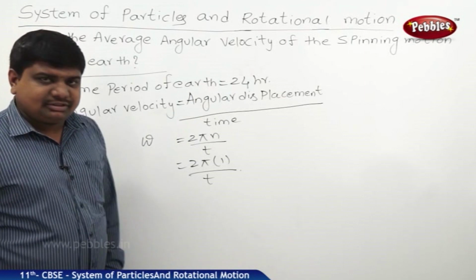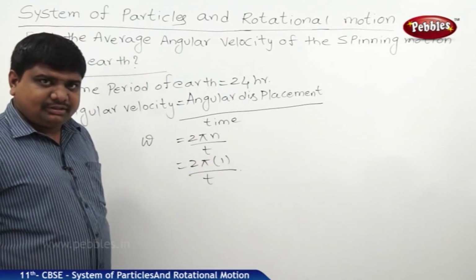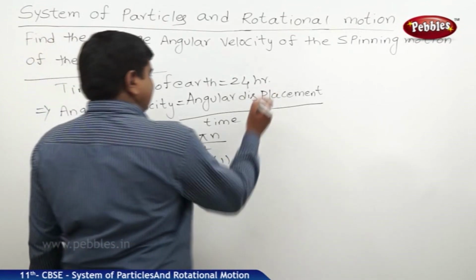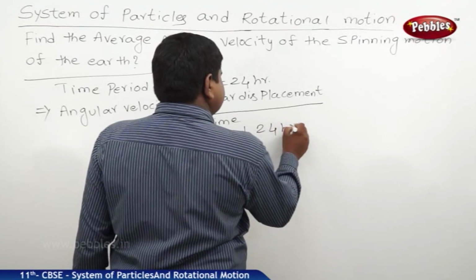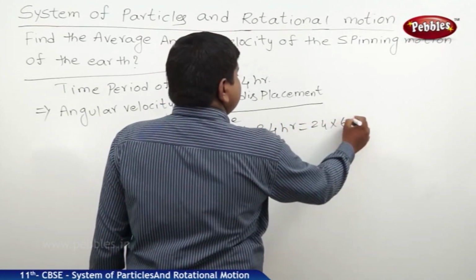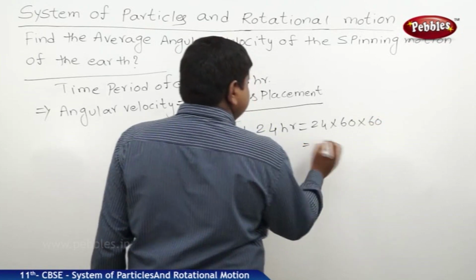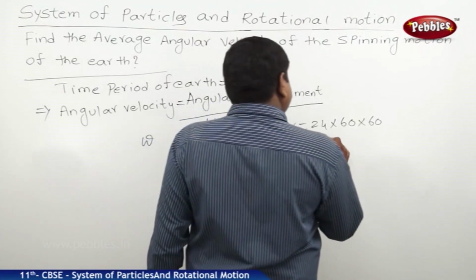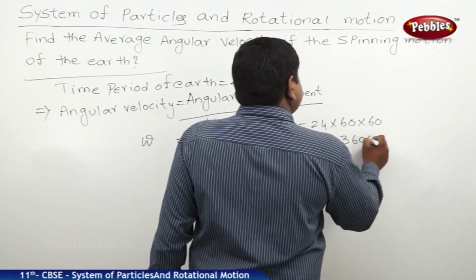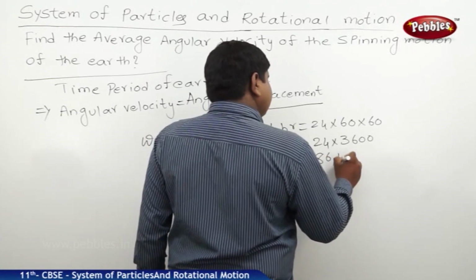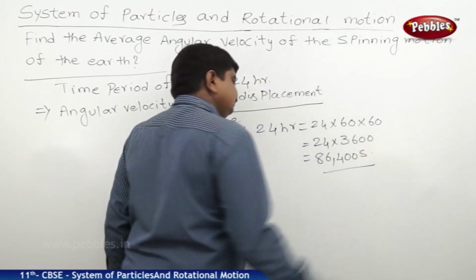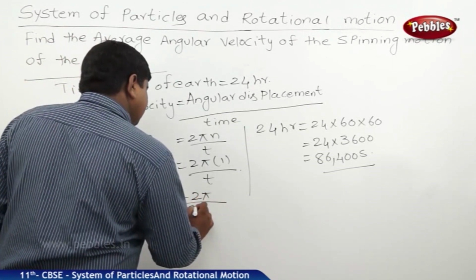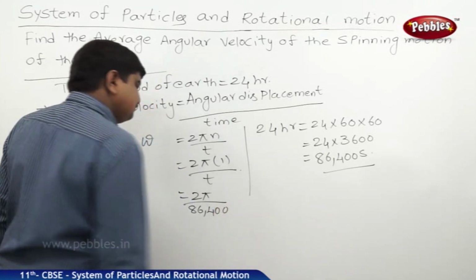Here the time is 24 hours, but we should not substitute 24 hours in the formula. According to the SI system of units, time should be converted into seconds. So 24 hours is equal to 24 into 60 minutes into 60 seconds. Each hour is 3600 seconds. Therefore 24 into 3600 is 86,400 seconds. Now substituting, 2 pi by 86,400 seconds.